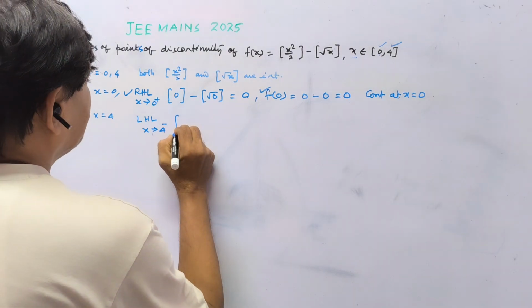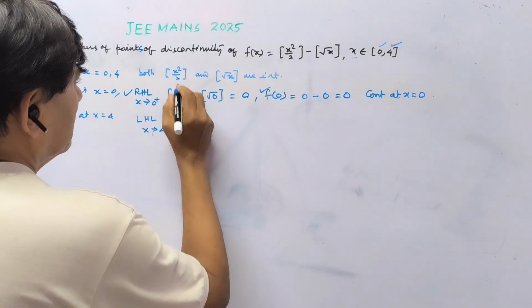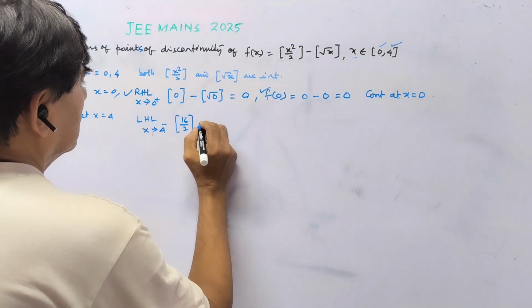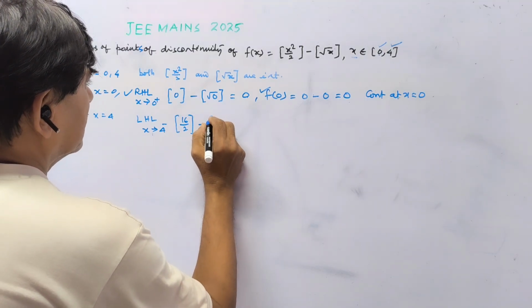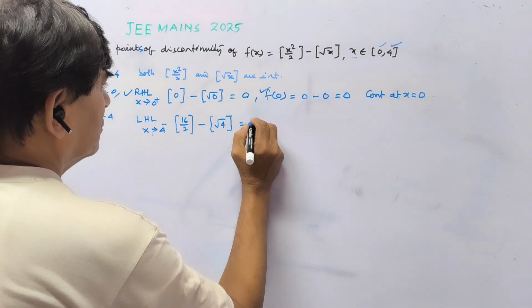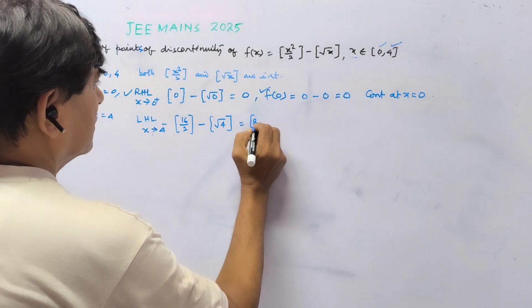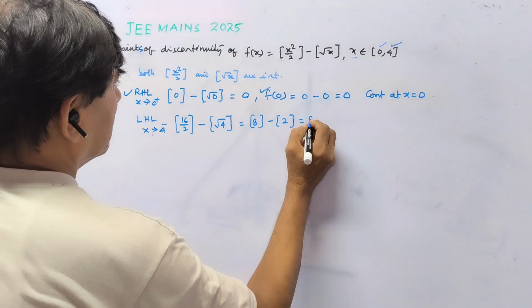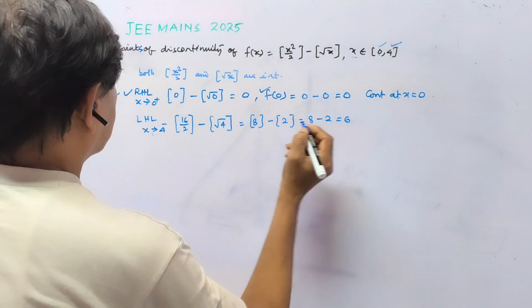What will be here? This will be 16 by 2 and minus square root of 4. This is equal to 8 and minus this is 2. So what we get, 8 minus 2 is equal to 6.